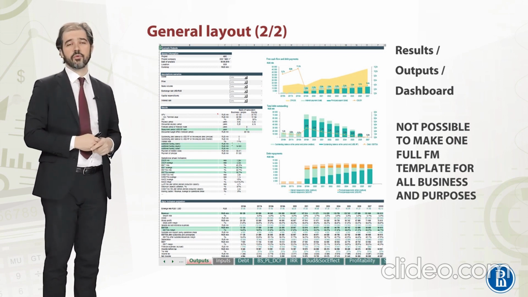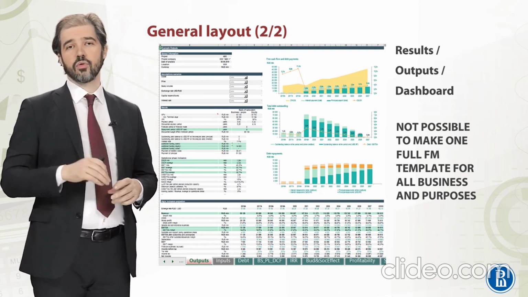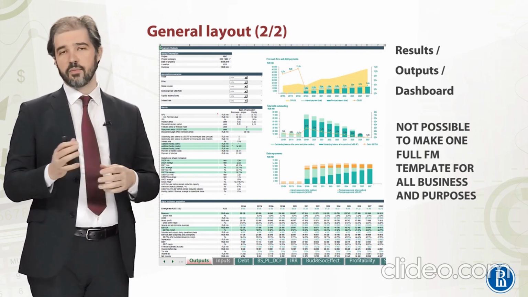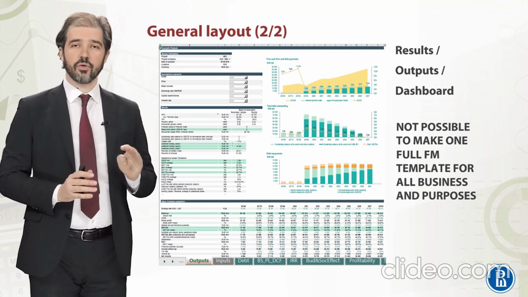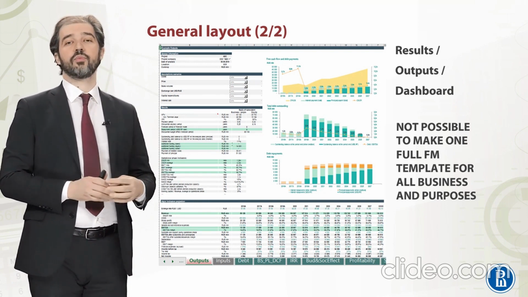On the top of this list, you will also have switches to change different forecasts, maybe prices, quantities, discount rate, whatever. Again, you need to change here what is important for your business.